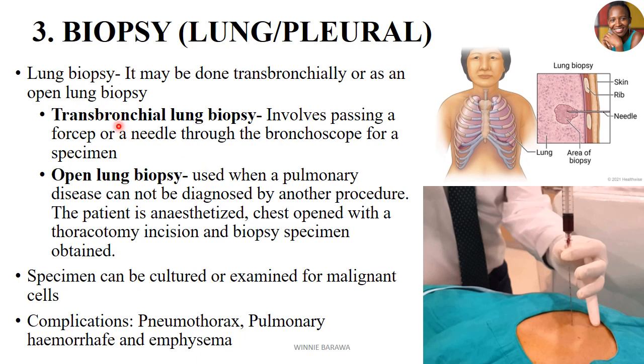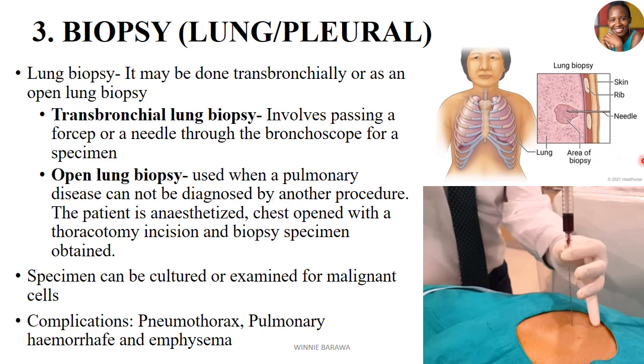The transbronchial lung biopsy involves passing forceps or a needle through the bronchoscope to get the biopsy specimen or tissue specimen. But the open lung biopsy is a case where the pulmonary disease leaves no other option for us to determine the diagnosis, and therefore you need to put the patient under anesthesia, open the chest, make the incisions and get the biopsies.